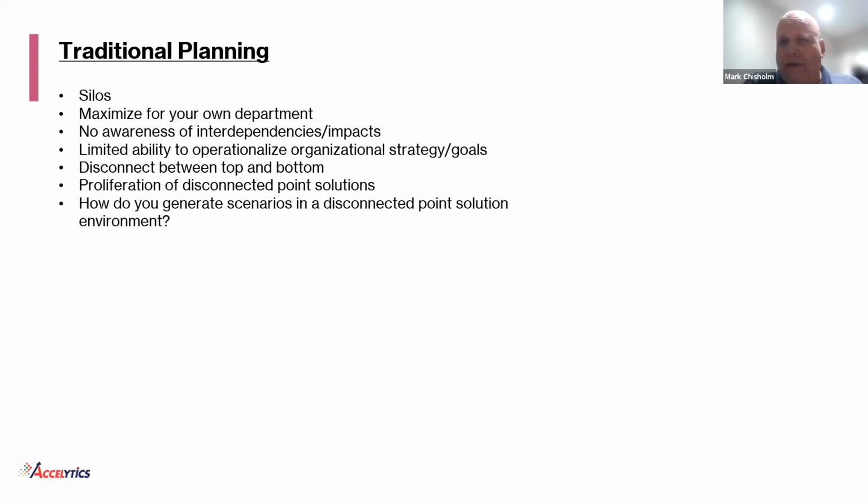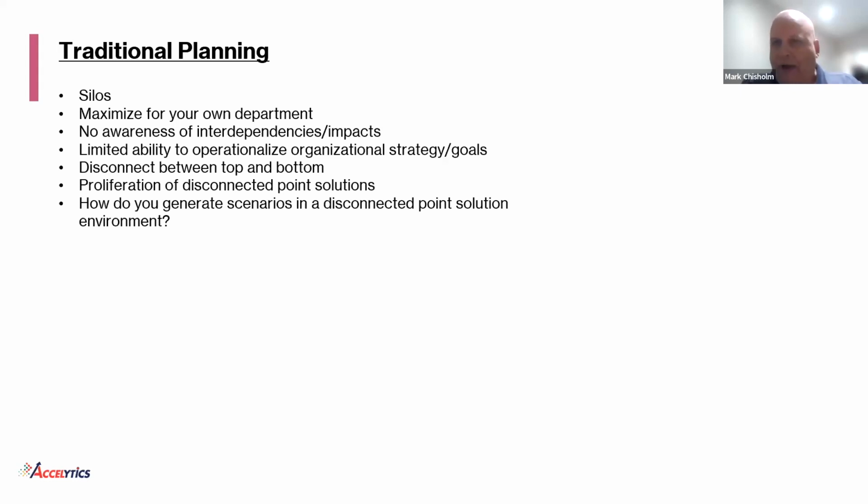Planning and decision making may occur in a silo, but in reality, all parts of the organization are connected and are impacted by one another, and that really plays out in the actual day-to-day operations of the organization.